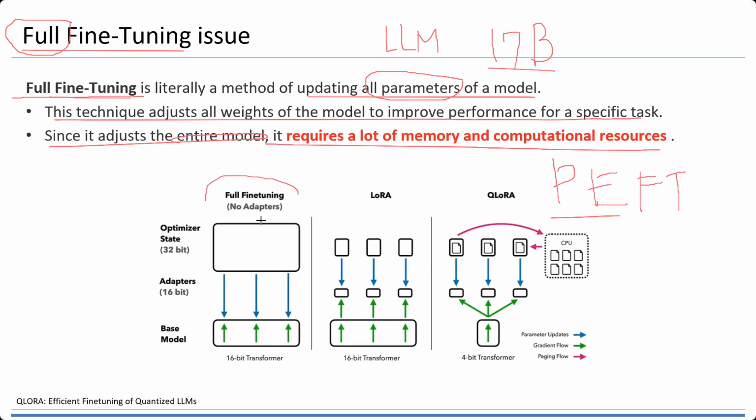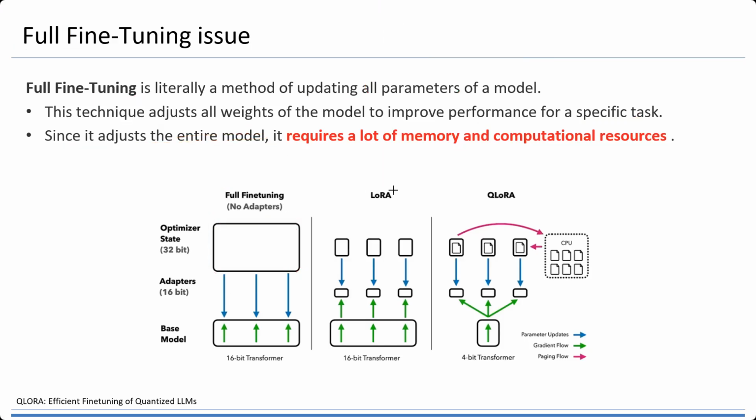So this is the full fine tuning picture. We are going to update all parameters. But when we use PEFT, for example LoRA, we just select the important parameters and use these parameters for the adaptation, or what we call adapters.